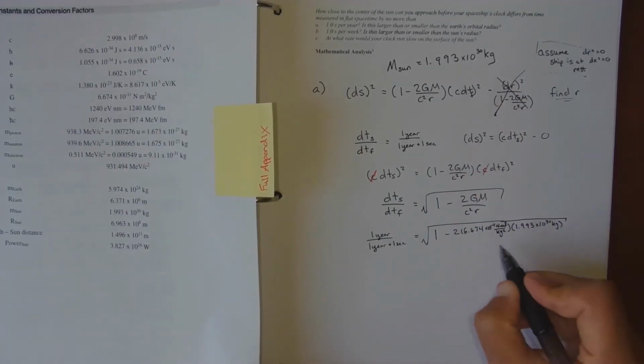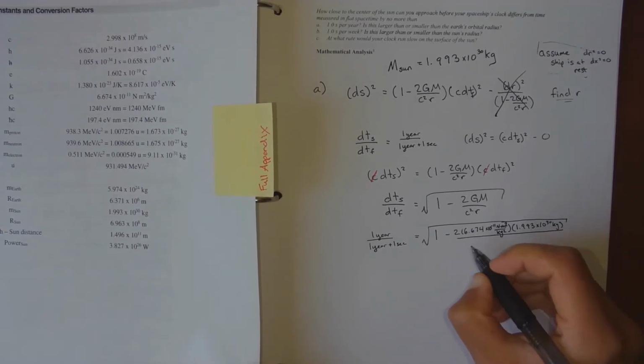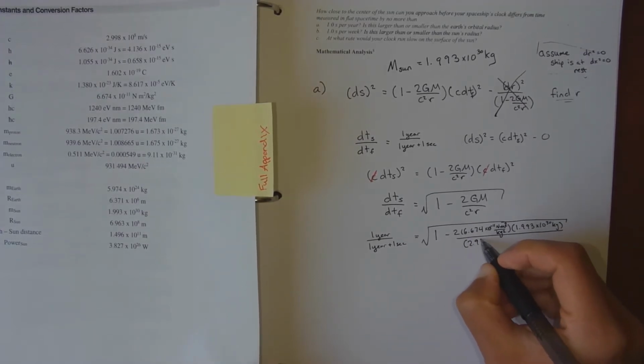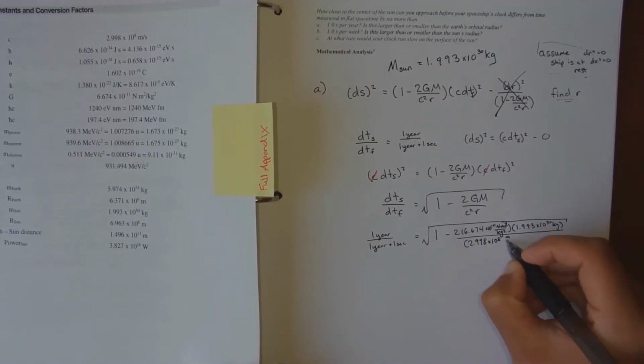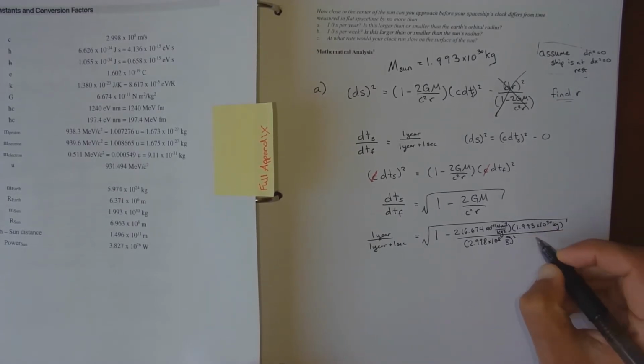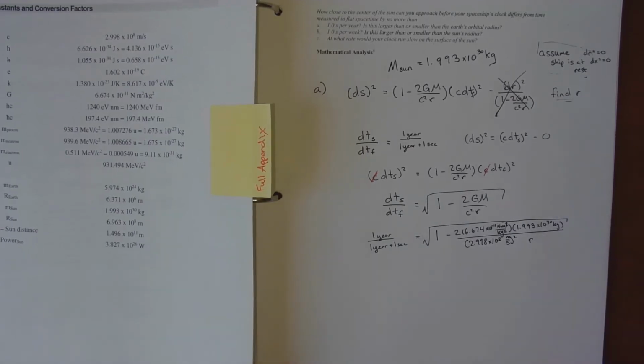And I divide all of that by c squared, so that's 2.998 times 10 to the 8 meters per second squared times r, and we're going to solve this for r. Now, we're going to do 2 times this divided by this, so that will be something divided by r.